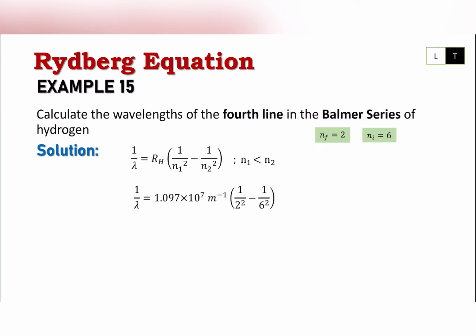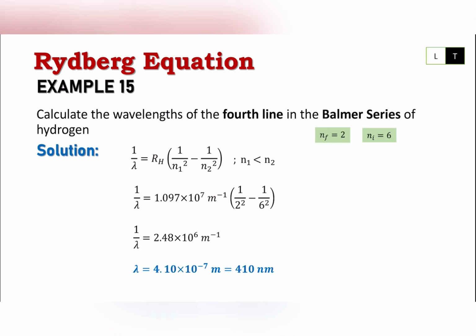You will have the answer for 1 over lambda is this one. But what I'm looking for is the wavelength. You will have 4.10 exponent negative 7 meter. This is where you have 1 divided by 2.48 exponent 6 per meter to get this wavelength.